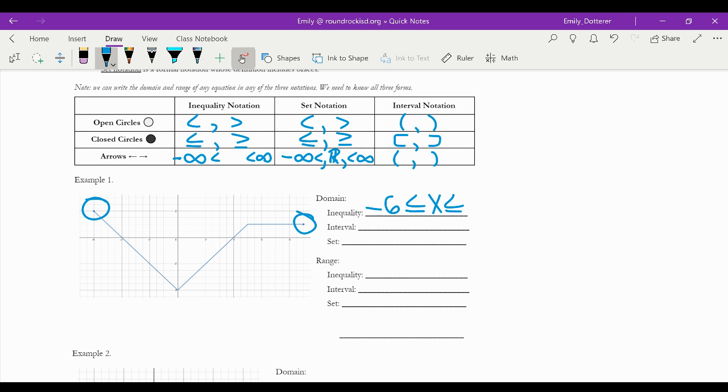We're going to put an X there because this is our domain. And when we get all the way over to the right, we have another closed circle, so we use less than or equal to again. And that is 9.